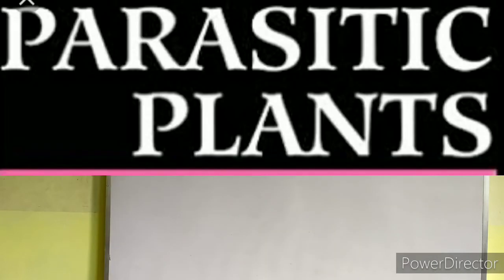Next type of plant are the parasitic plants. Plants like dodder, known as amarbel, cannot produce their food.